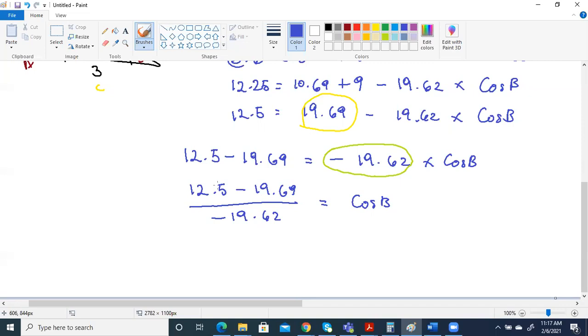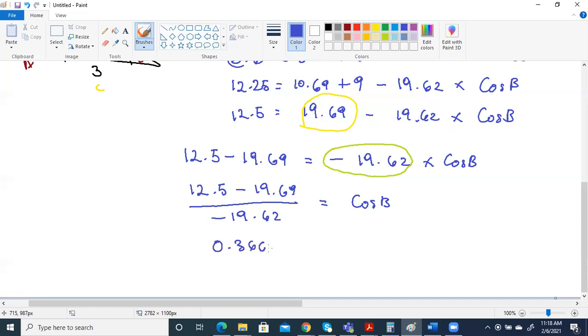Okay, 12.5 minus 19.69, negative 7.19, and then you're going to divide that by negative 19.62. And your answer is 0.36, you will get 0.366.